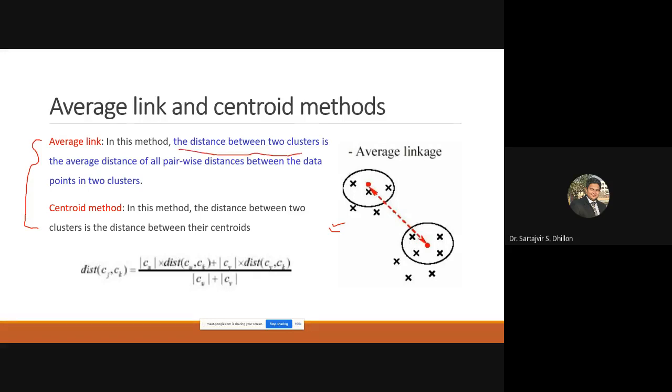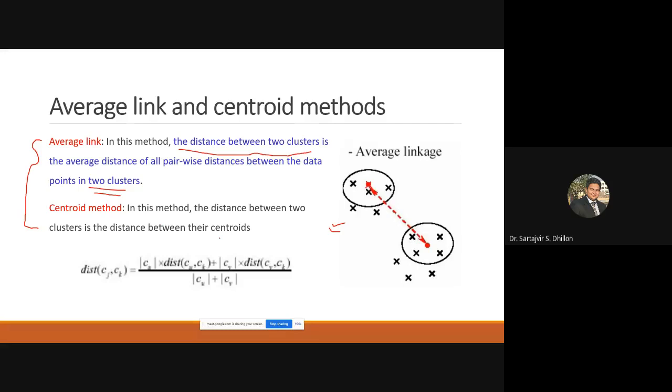The distance between the two clusters is the average distance of all pairwise distances between the data points in the two clusters. So you have to remember that it is the average distance over all pairs of points between the clusters. In the centroid method, the center of the cluster is used.